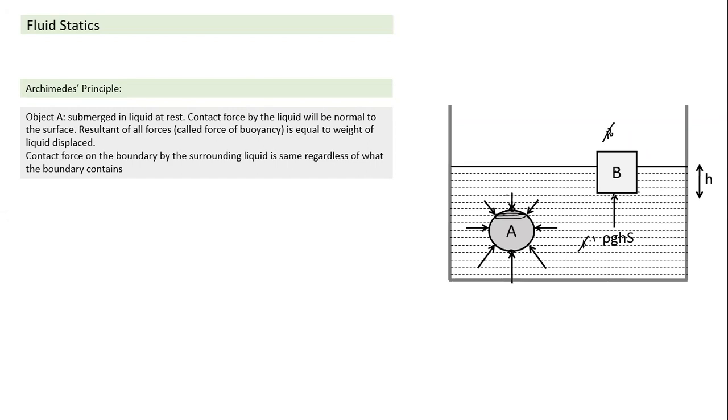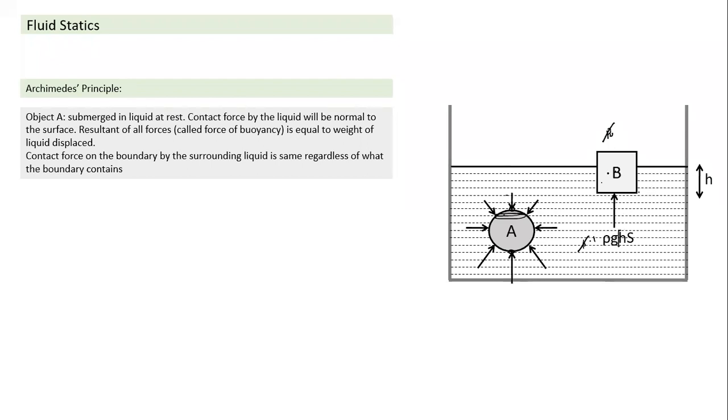The force due to pressure will act in the perpendicular or vertical direction. So the contact force exerted by the surrounding liquid on this cuboid, the resultant of that will be vertical, the horizontal components will cancel out, and that force is equal to this. But when we write this force like this, what is h into S equal to?